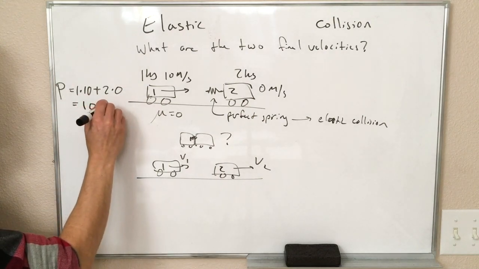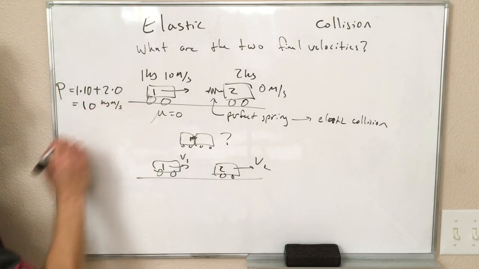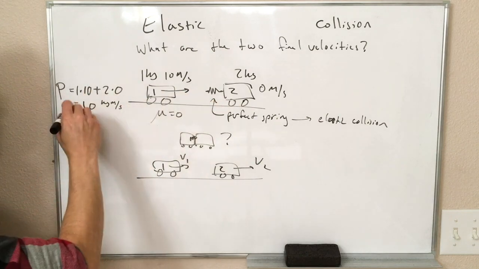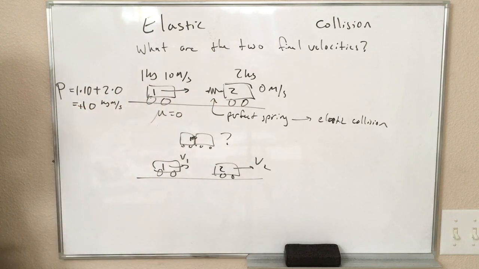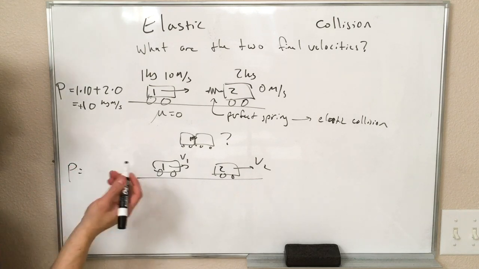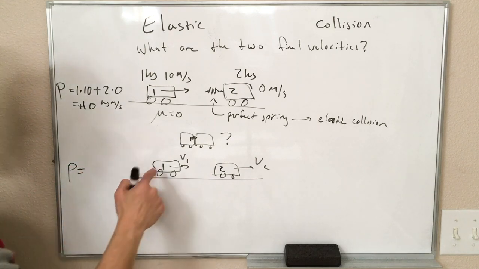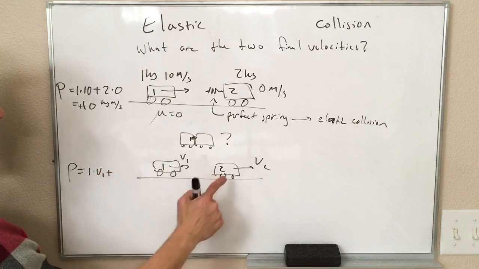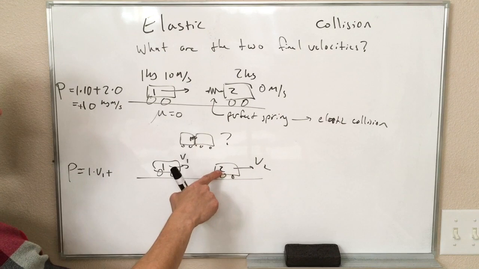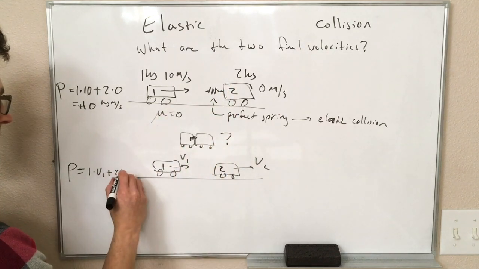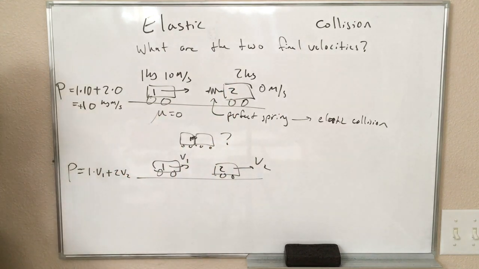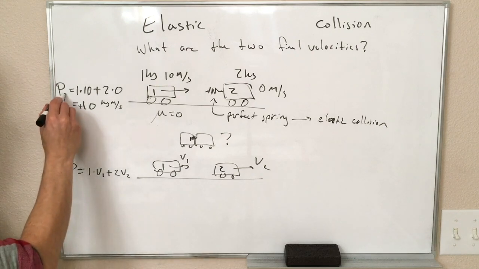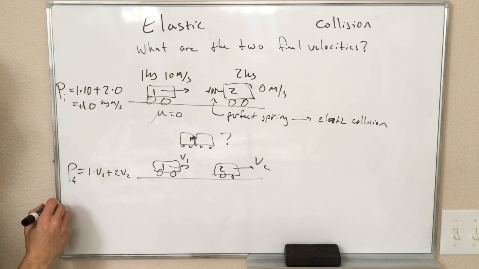That is 10 kilogram meters per second, and that is in the positive, to the right, direction. The momentum at the end, of course, we don't know the variables, but we can at least say it's 1 kilogram times V1 plus 2 kilograms times V2. Okay, so if momentum is conserved, my initial momentum has to equal my final momentum.